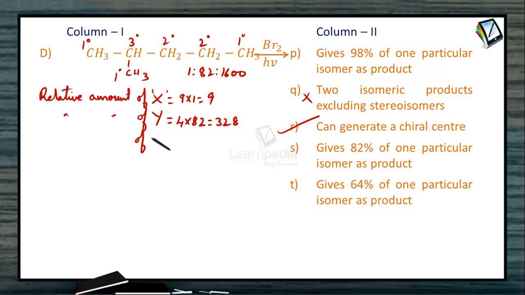Then similarly, when we replace the tertiary hydrogen with bromine, the product formed is Z and its relative amount is 1 into 1600, and we are getting the total amount as equal to 1937.